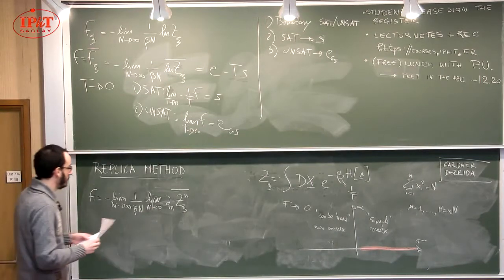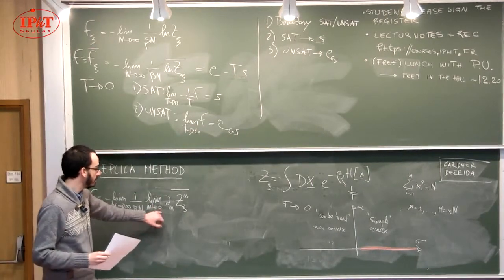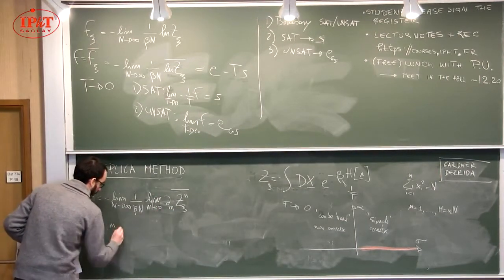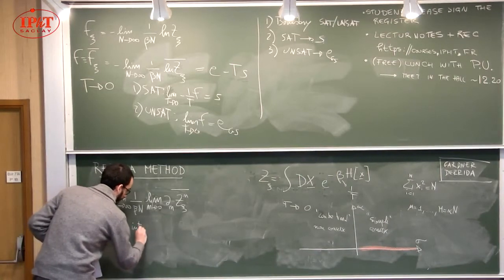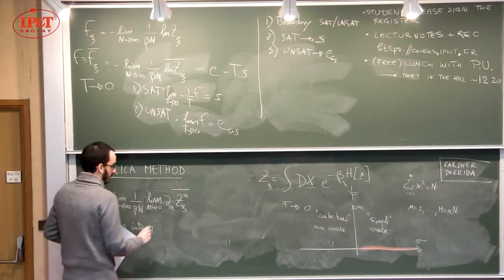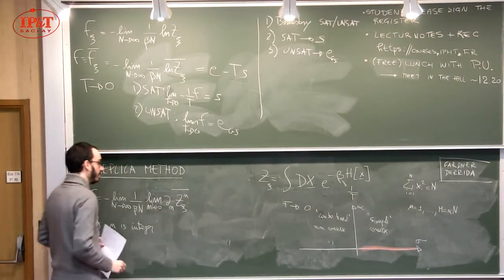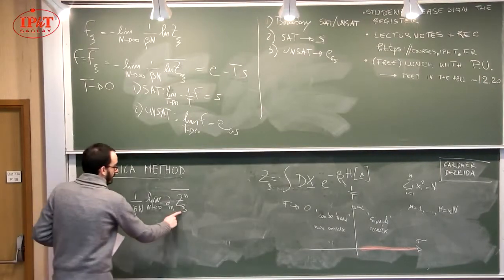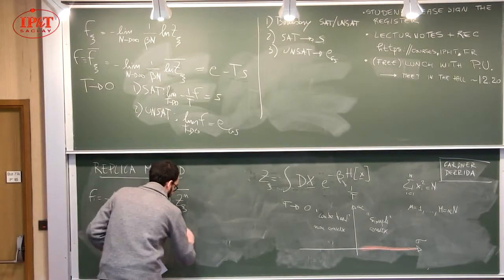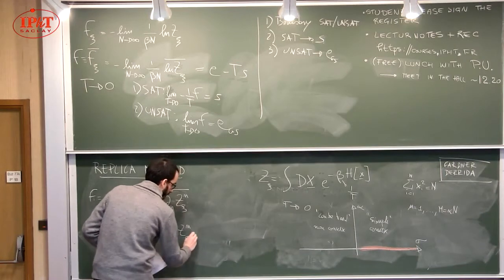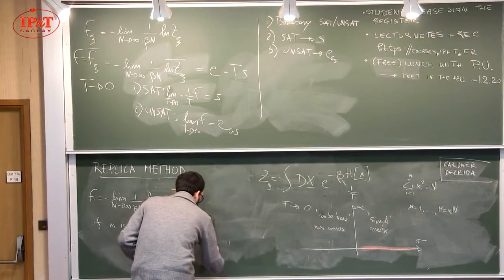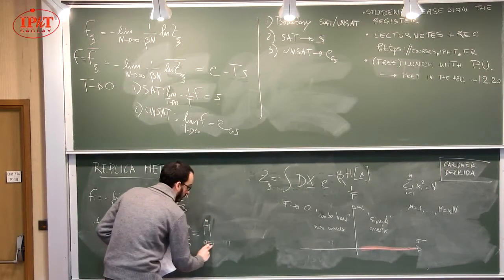But if you forget for a moment that n should go to 0, what you can do is that if n is integer, then you can compute easily this thing. The reason is that you can represent this power in this way: this is just the product from a that goes from 1 to n.